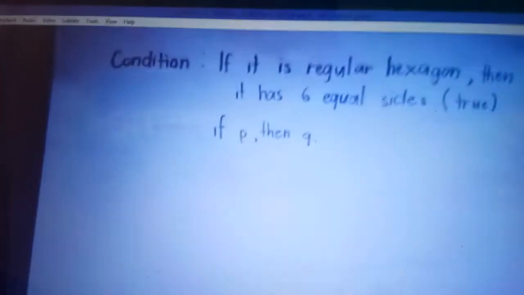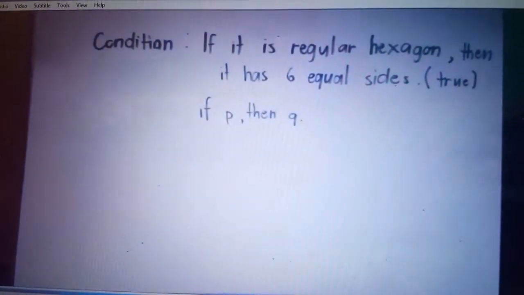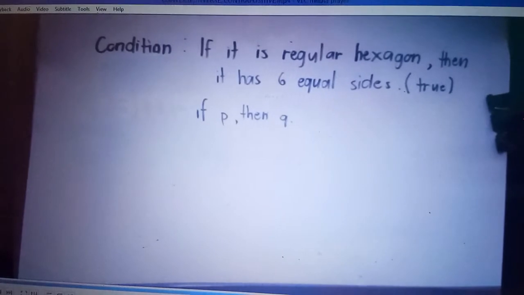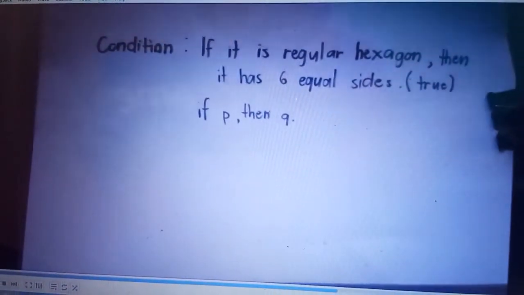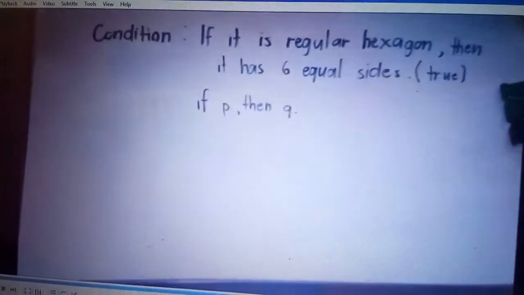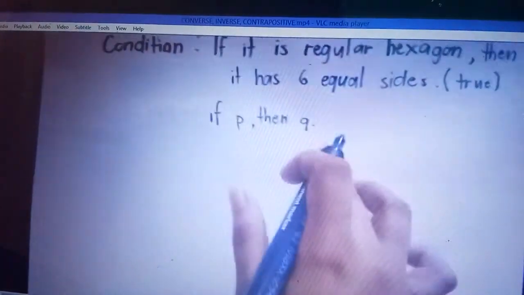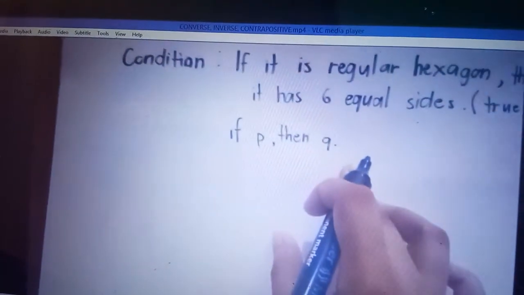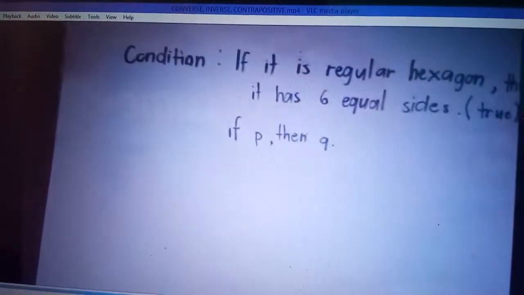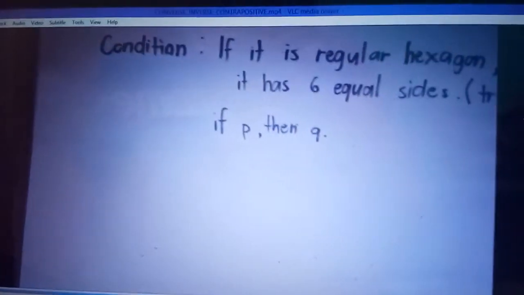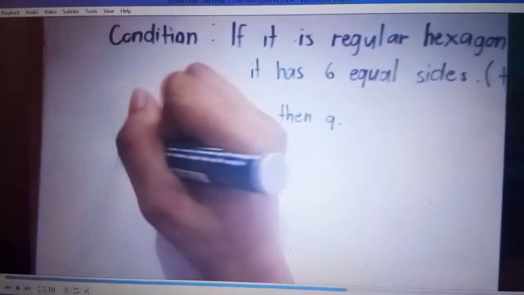So let us have this example. Conditional: if it is a regular hexagon, then it has 6 equal sides. It is a true conditional. The form again is if P, then Q. We're going to write this conditional into converse, inverse, and contrapositive statements.